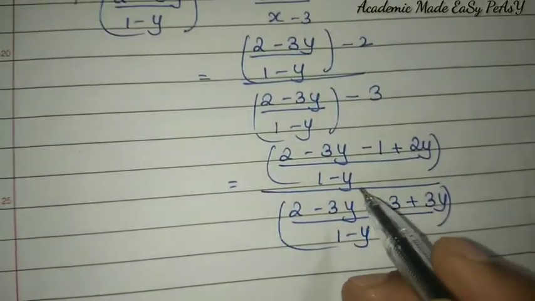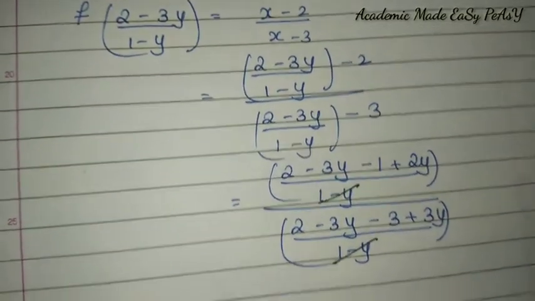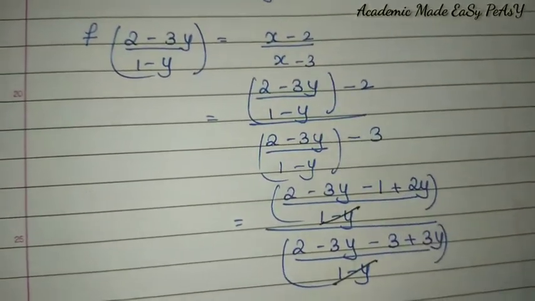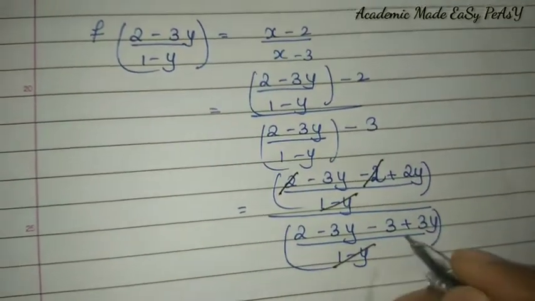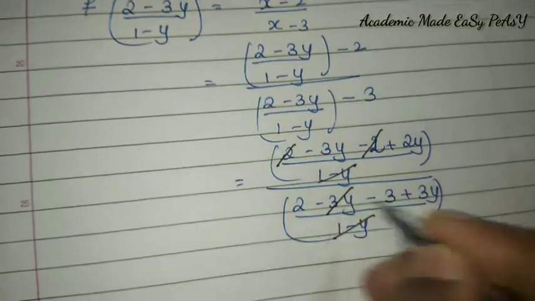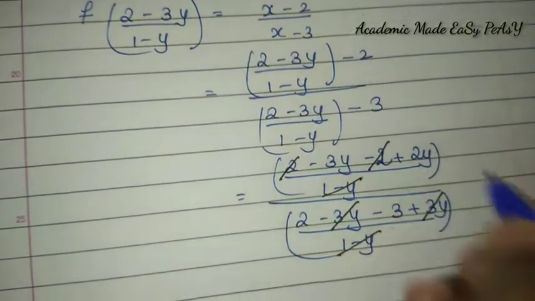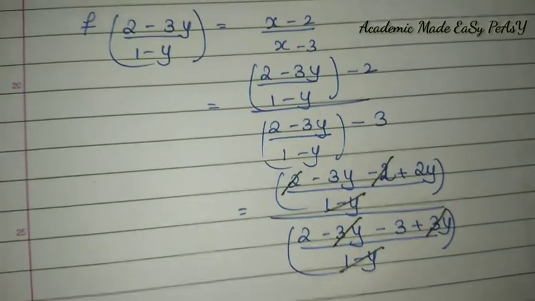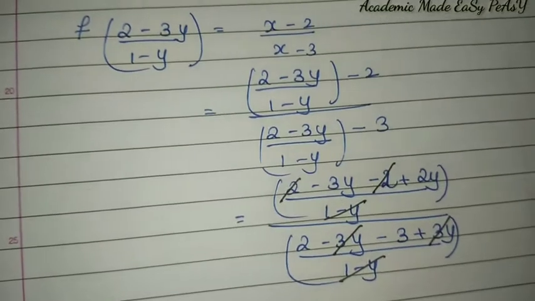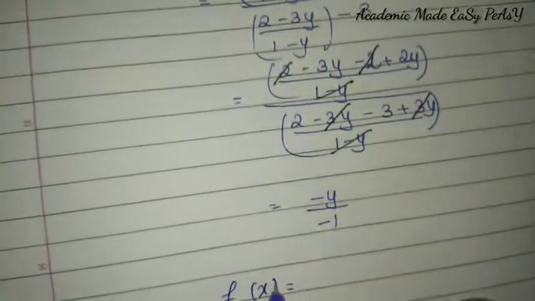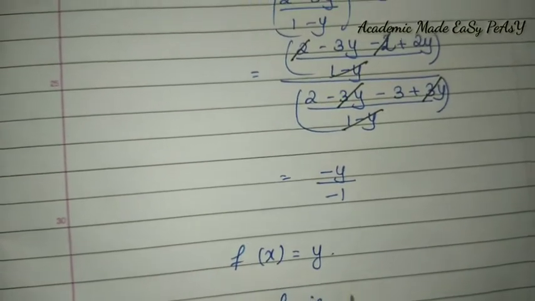So the denominators of both the things are same, so I'm cancelling those two. And here, 2 and minus 2 get cancelled, and here minus 3y plus 2y is minus y, divided by minus 3 plus 2 is minus 1. So I will get f of x is equal to y. Therefore, f is onto.